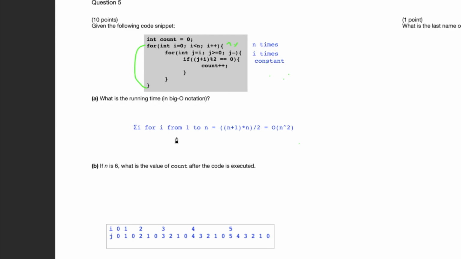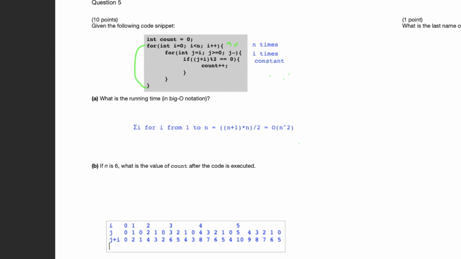And we want to know, this if statement says if j plus i mod 2 equals 0. So for these iterations, j plus i is 0; 2, 1; 4, 3, 2; 6, 5, 4, 3; 8, 7, 6, 5, 4; 10, 9, 8, 7, 6, 5.